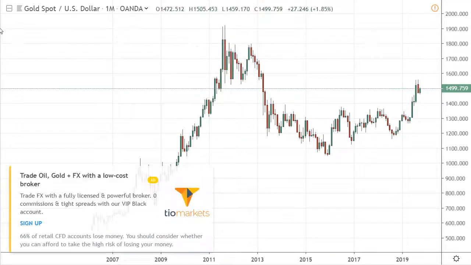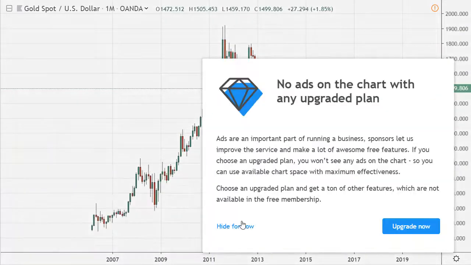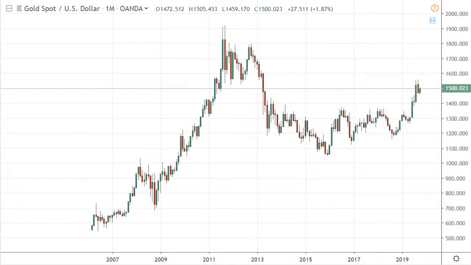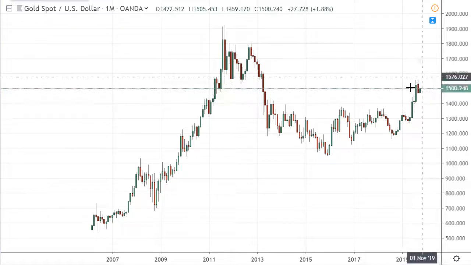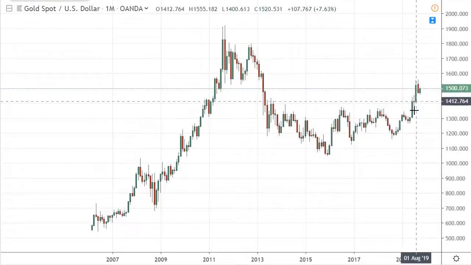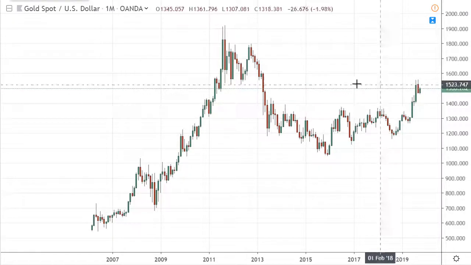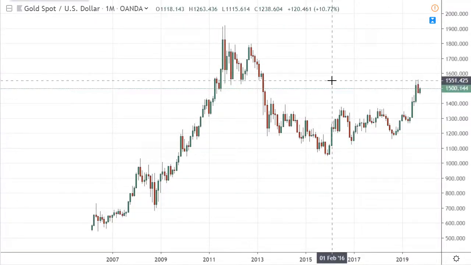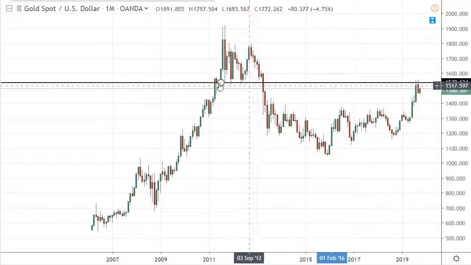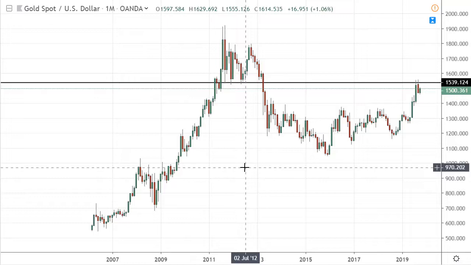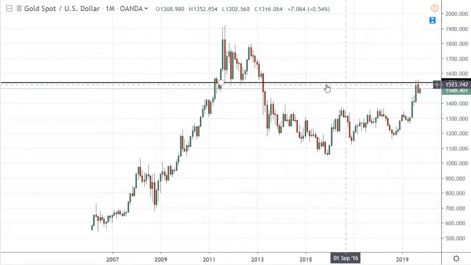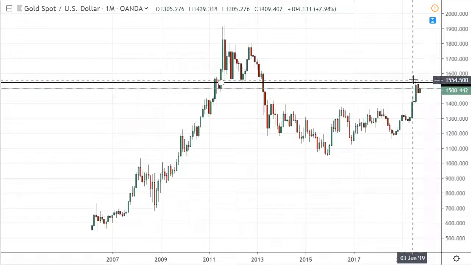So again, like everything, you need to have a picture of what is happening and where price is at, and why things are like they are, because from a technical perspective, things happen for a reason.